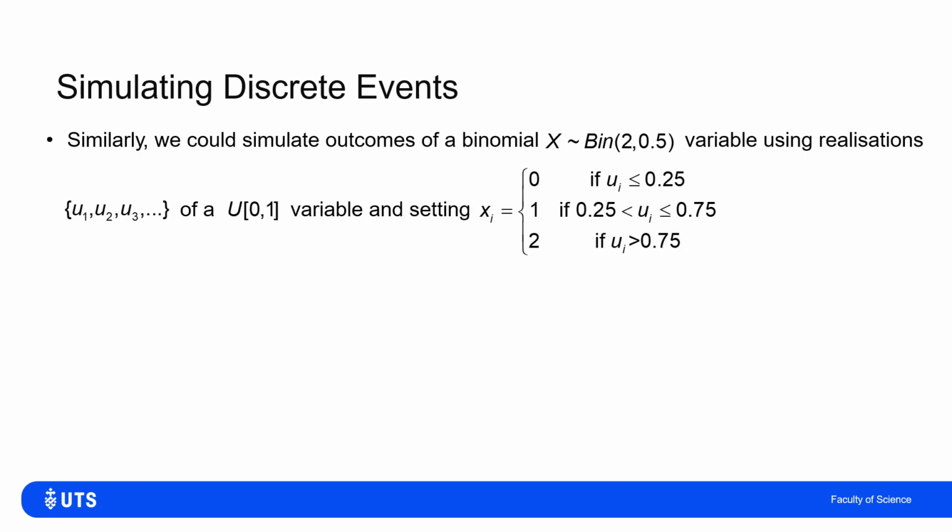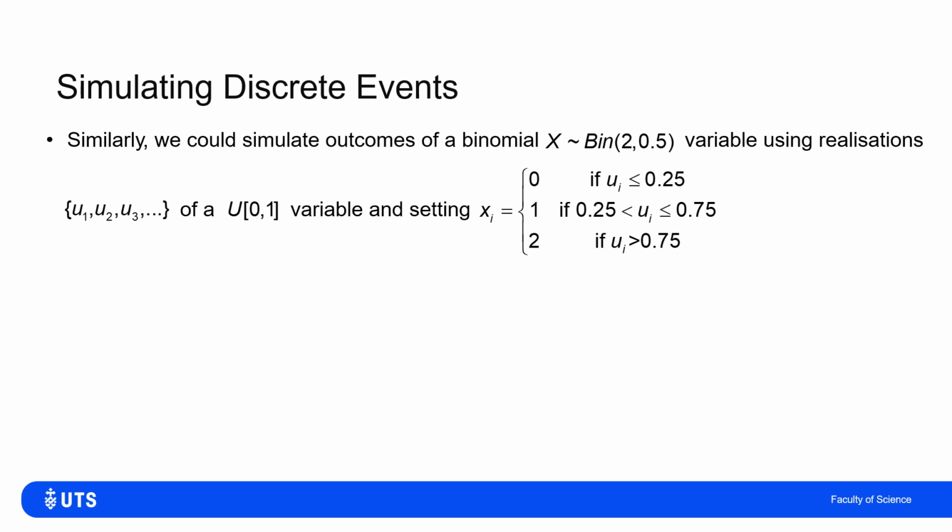We also saw how we could simulate outcomes which were not equally probable, like the simple one flip of a coin. So here I've got a binomial random variable with parameters 2 and 0.5.